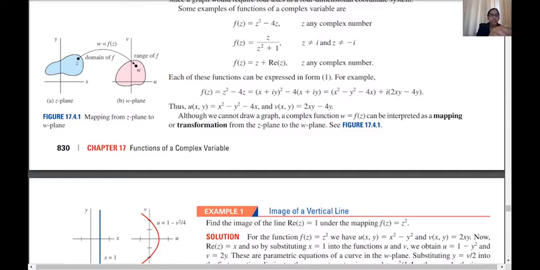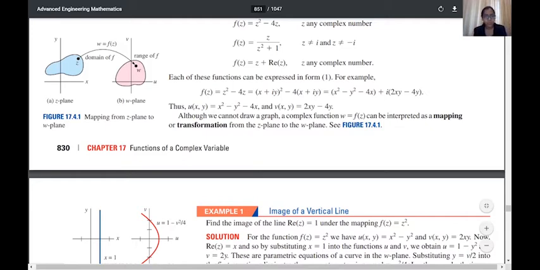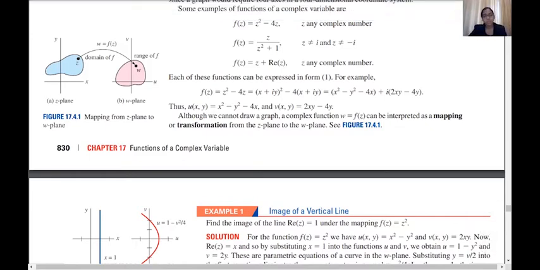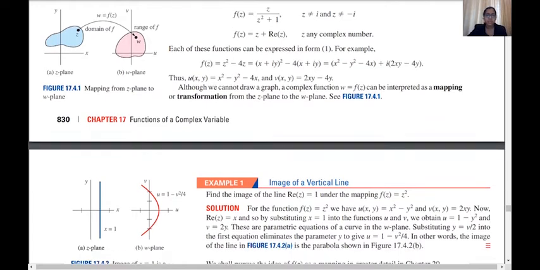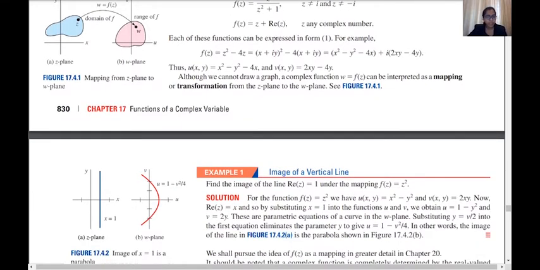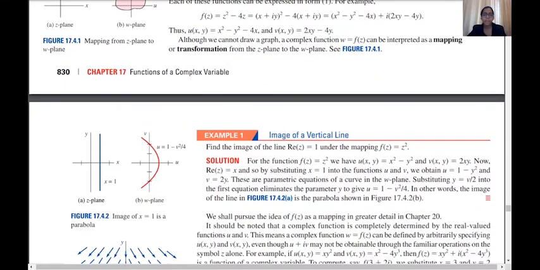So you can see that corresponding to any value in this domain of f, that is in this region, we find w. So we cannot graph a complex function, but we can map or transform. The function can be interpreted as a transformation from the z plane to the w plane. So that is given in this particular example.